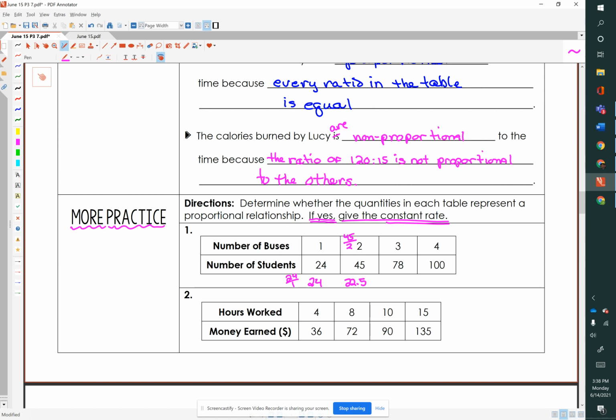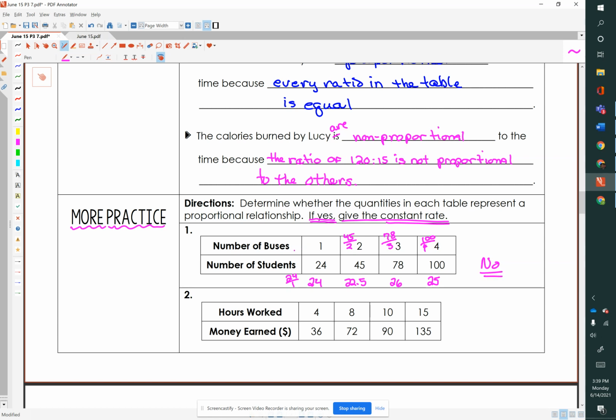So we already know it's not proportional. 78 divided by 3 is 26. And 100 divided by 4, you don't even need a calculator, is 25. So this is not a proportional relationship.